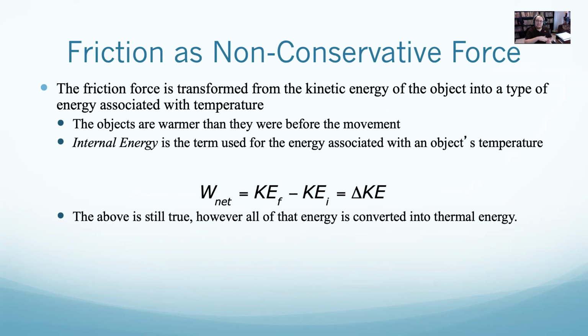When I take that block and slide it across the desk, there is friction. Anytime you have friction, friction is a non-conservative force. And what happens? If you take your hands and rub them together, they heat up, right? They heat up because of friction. And if I take that block and slide it across the desk, it's going to heat up. It's going to heat up because of friction.